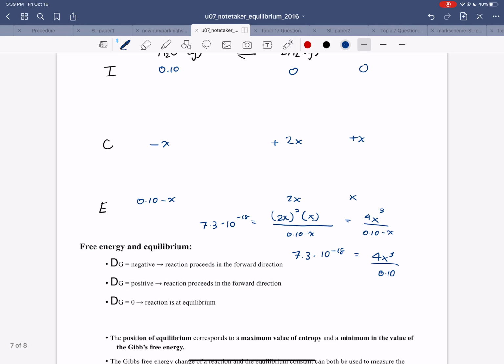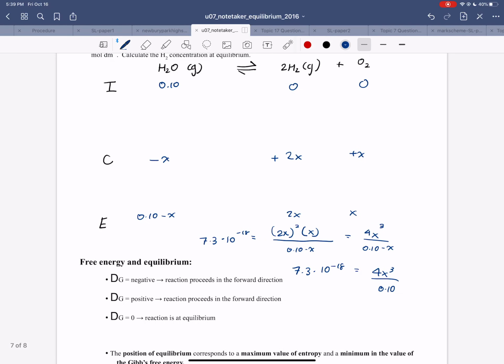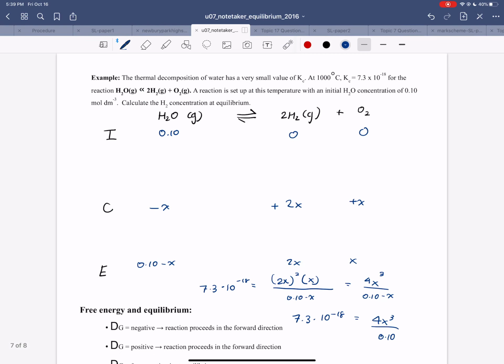You have to state that this assumption was made. Because, again, I'll go over that one more time. Kc was very small. So remember what we said about small Kc, it doesn't really proceed much to the right, it stays much to the left. Because it's very small, the equilibrium concentration of H2O doesn't really change, so we can simply make the assumption that 0.10 is the equilibrium concentration.